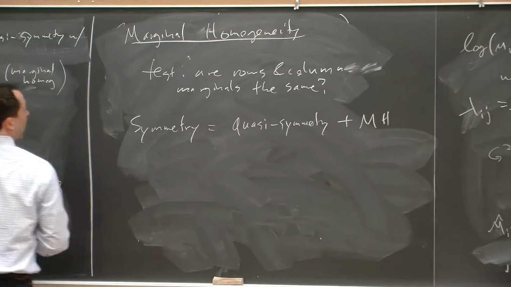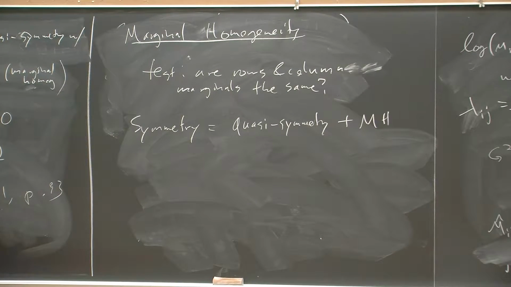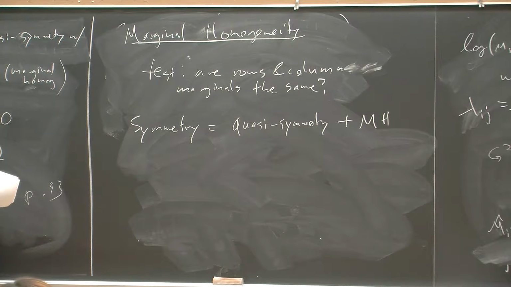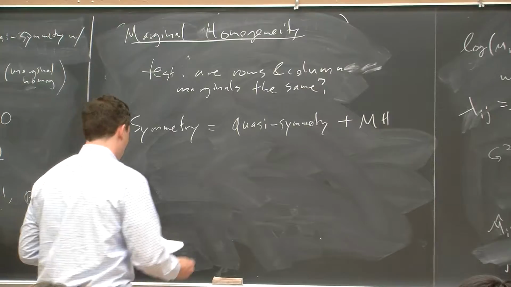So that means that if we just want to test marginal homogeneity, we can test it by comparing these two models, right? Comparing the symmetry model and the quasi-symmetry model. And the difference, the delta G squared, is its test statistic for marginal homogeneity. Right? Because that's the additional constraints that we had to add to go from one model to another.